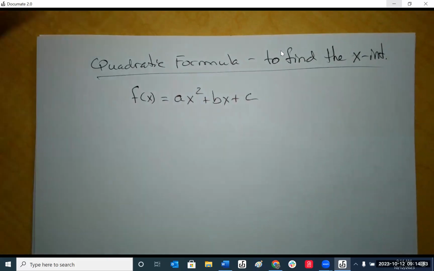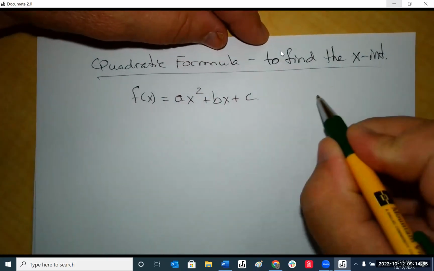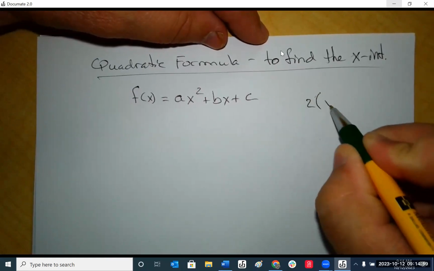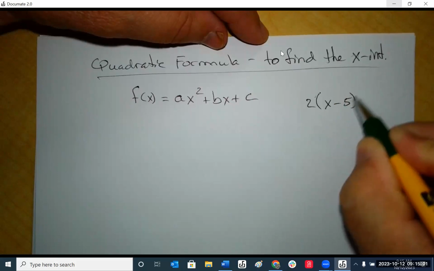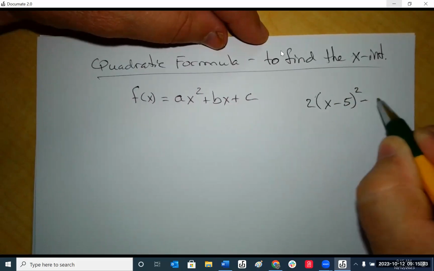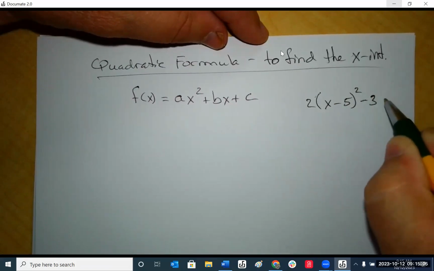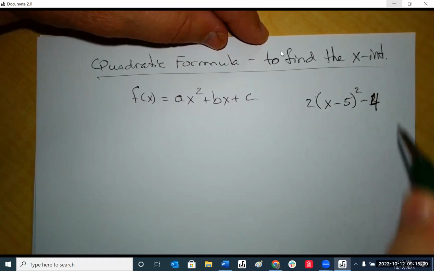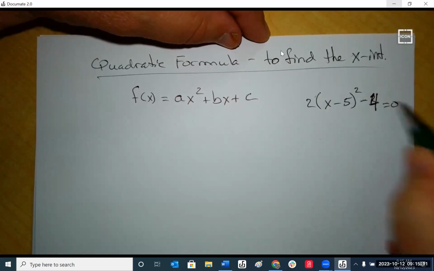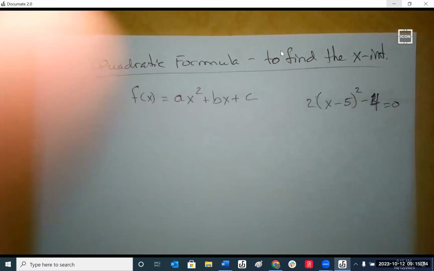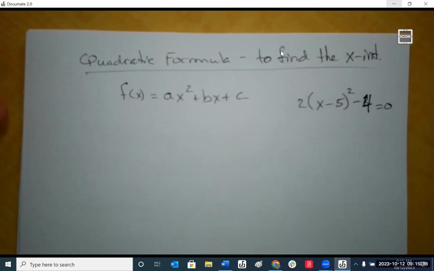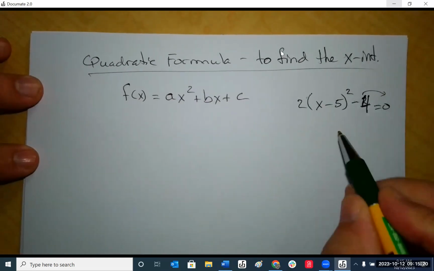Now, the reason I say that is because if I gave you an equation in vertex form, just solve for x the way we just did. Move the 4 over.